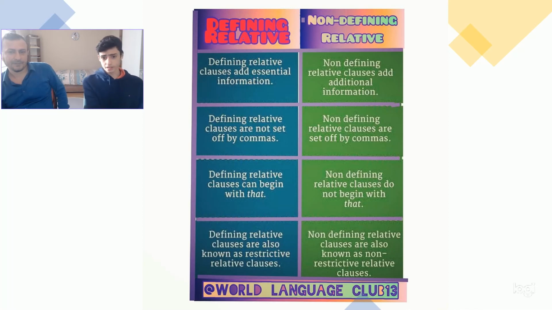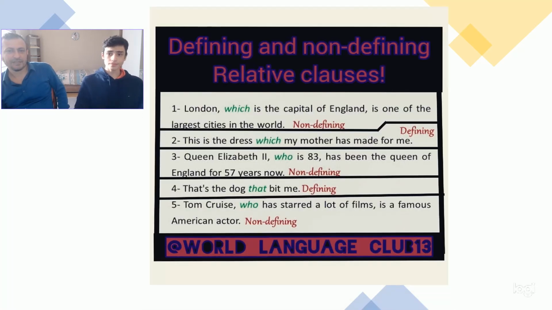Next slide. Here are some examples about defining and non-defining relative clauses. For example, the first one: London, by the way, there is a comma, which is the capital of England, again a comma, is one of the largest cities in the world. Firstly, there are two commas. Even if there is only one comma, we can say non-defining.